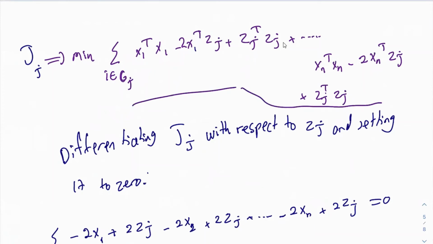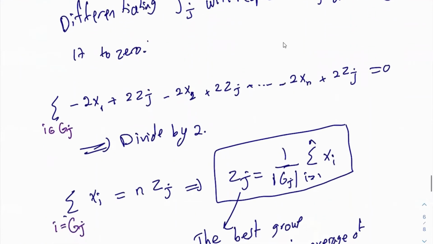Then you go ahead and differentiate this term with respect to z_j, because you want to minimize with respect to z_j, and set it to 0. This is what you get.